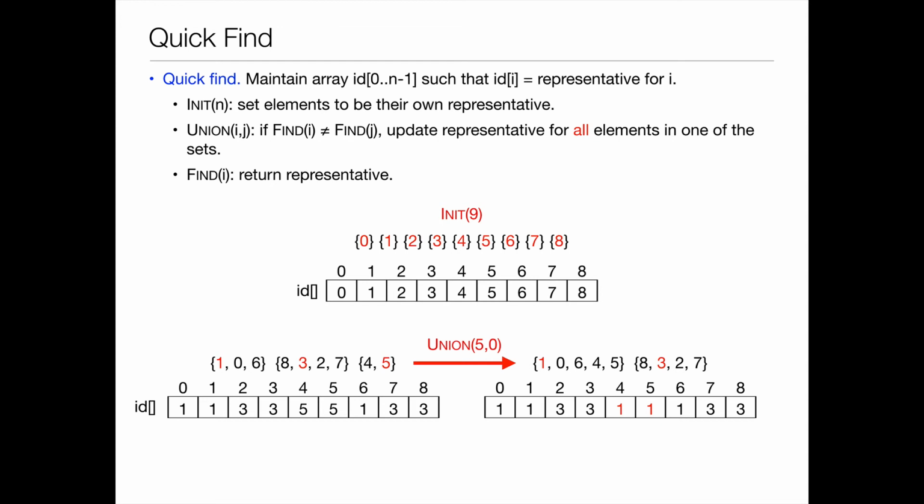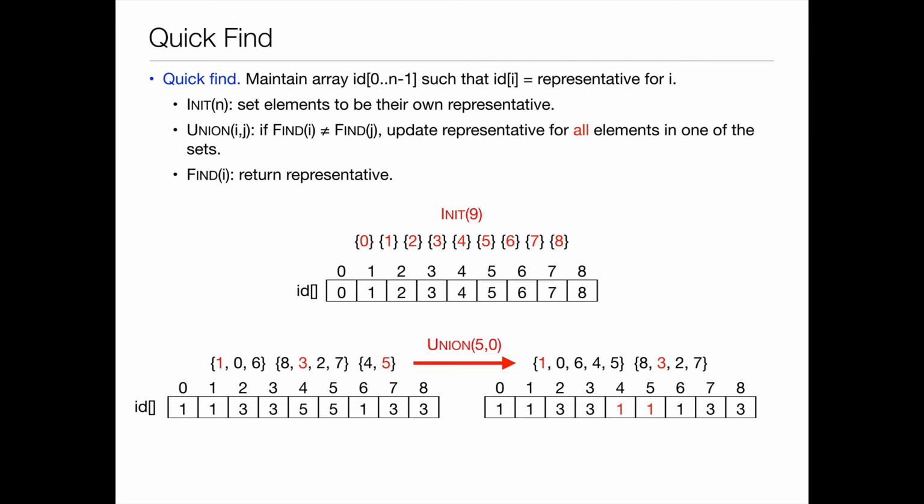So for instance, when we do this union 5, 0, we are in the case that these two are from different sets, the set containing 0 and the set containing 5. So when we do a union, we update the representative for all of the elements in one of these sets. In this case, we update the representative for all of the elements in this set.